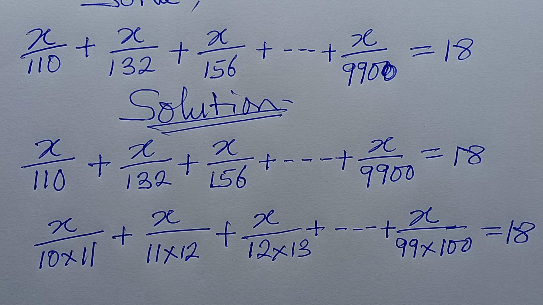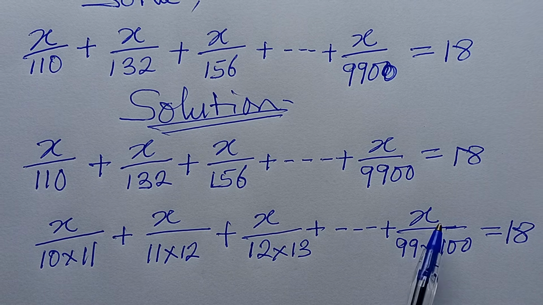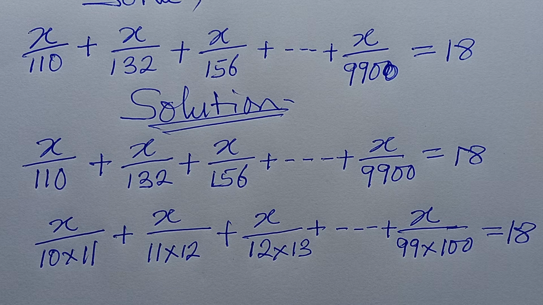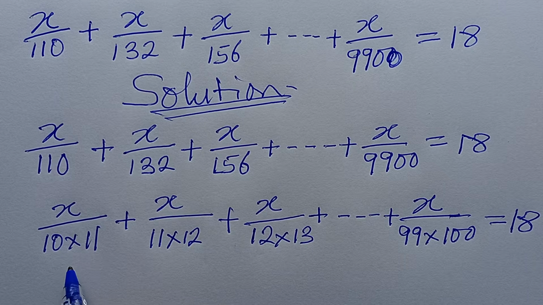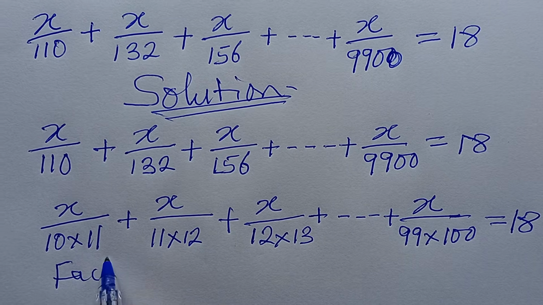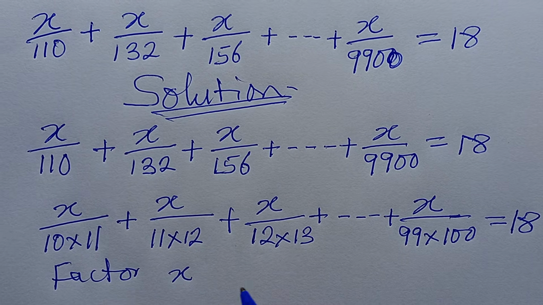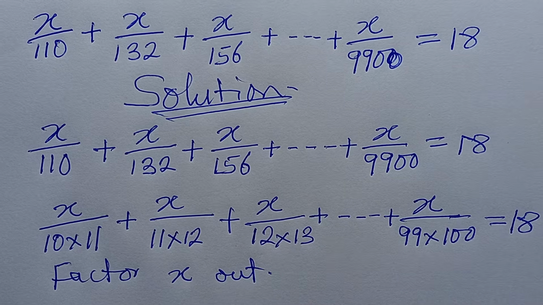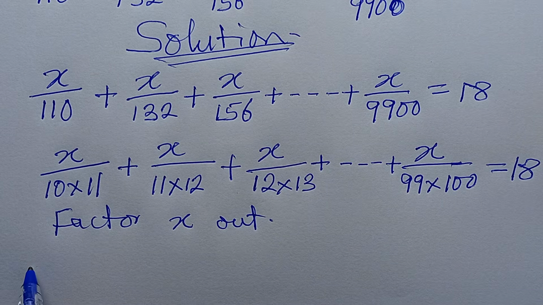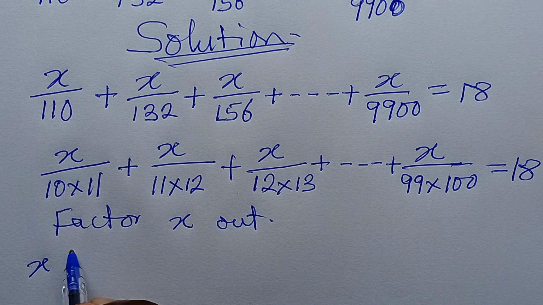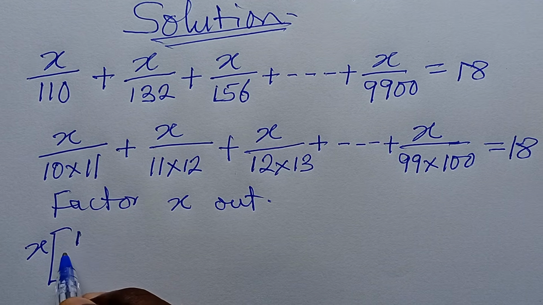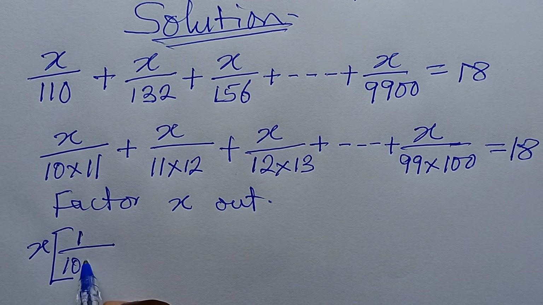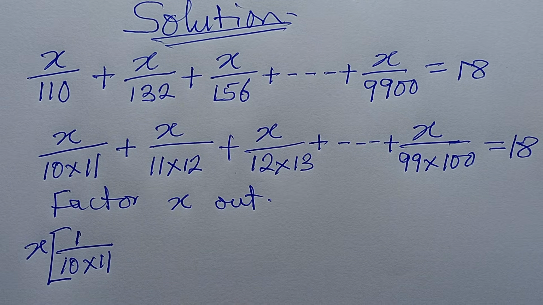Good. Now that we've gotten this pattern here, the next thing we do, look at the numerator, they are all the same. So we want to factor out x here. So we say here, factor out x. If we do that, this is going to give us x, open bracket, 1 over 10 times 11, right? Good.